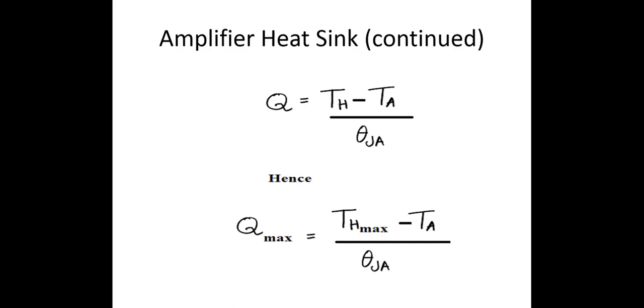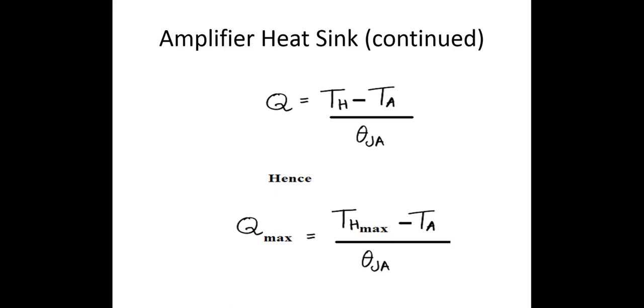Now if you want to ask the question, what is the maximum allowed heat dissipation? Other parameters are fixed. The only variable that we have is TH maximum, because the ambient environment is not in our control, it is fixed already, and theta J is also fixed. So then Q max will be given by the maximum allowed junction temperature TH maximum minus TA divided by theta JA.